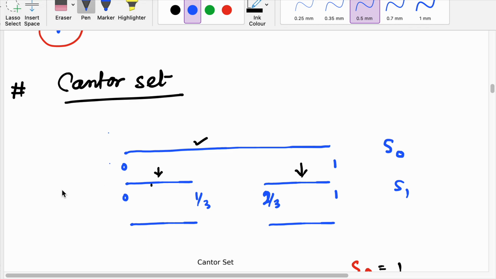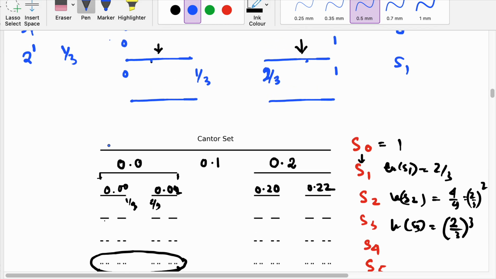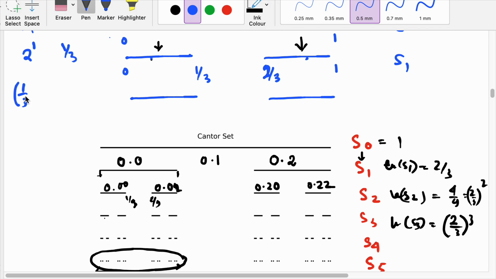There are 2. So for S1, 2 to the power 1 such objects are required if I choose the box size of 1/3. If I choose box size of 1/3, 2 such copies are required to fill the whole space. Now if I choose 1/3 squared, that is 1/9, I require 1, 2, 3, 4, that is 2 to the power 2 tiny pieces to fill the whole space.